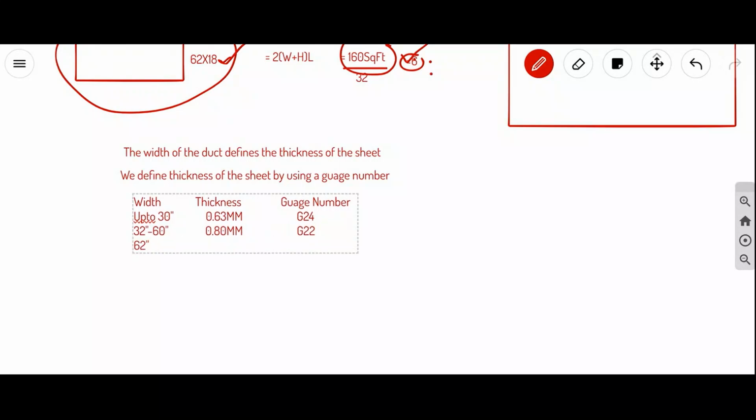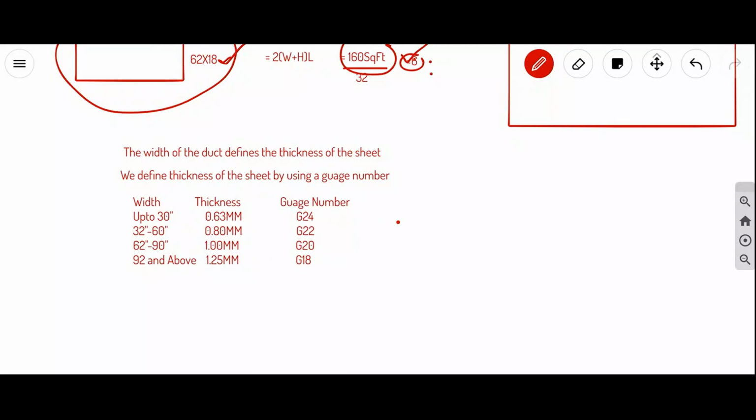From 62 inches to 90 inches, 1 mm directly, which is gauge 20. 92 and above, 1.25 mm, which is gauge 18.